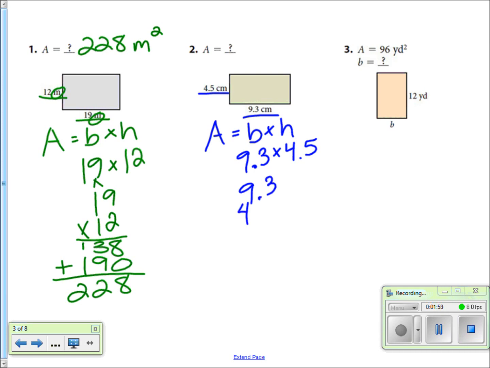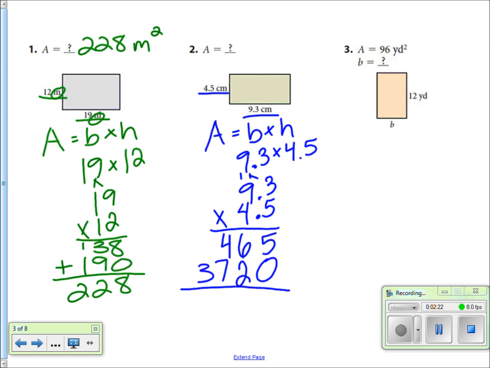Stacking them up and multiplying, 5 times 3 is 15, 9 times 5 is 45, plus 1 is 46. 4 times 3 is 12, 4 times 9 is 36, plus 1 is 37. 5 plus 0 is 5, 6 plus 2 is 8, 7 plus 4 is 11, and 3 plus 1 is 4.